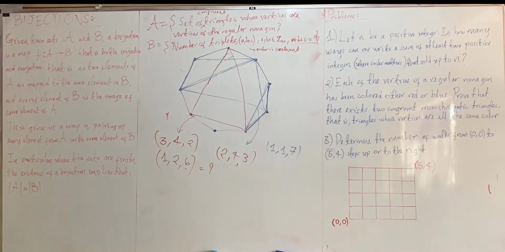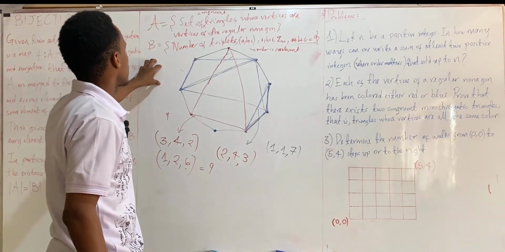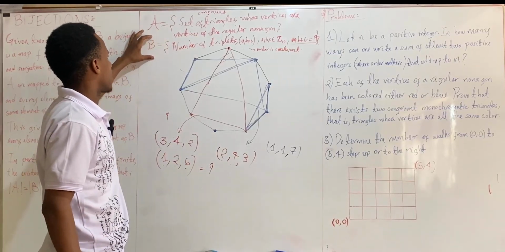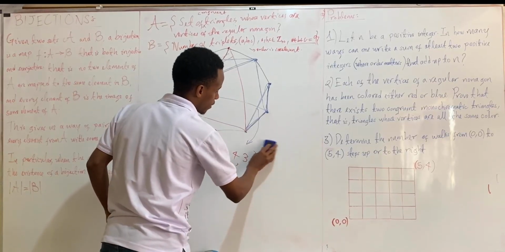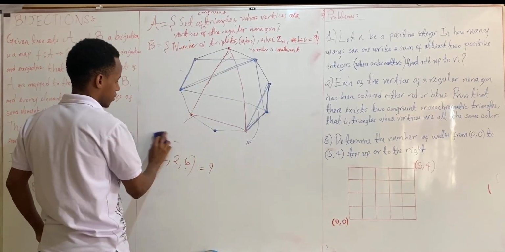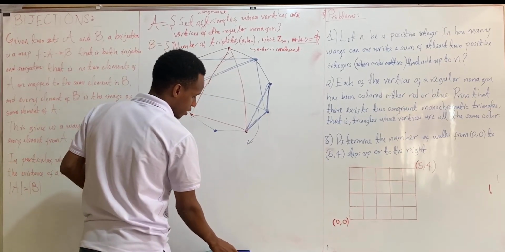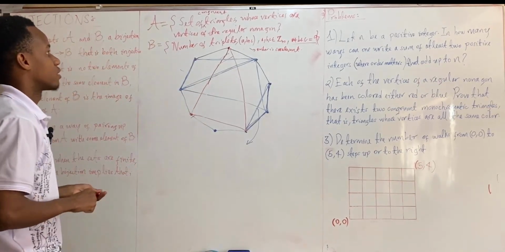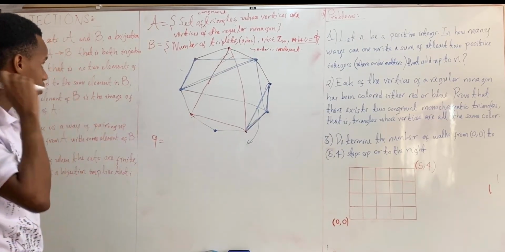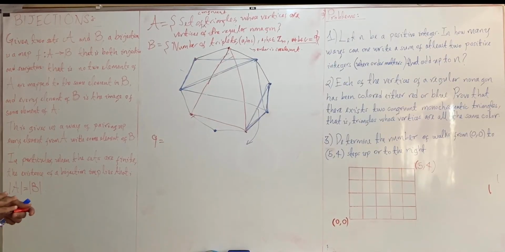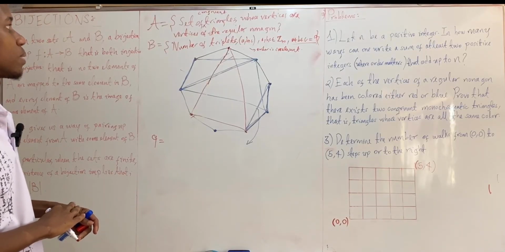Now, after we have described a function, it is easier to calculate B as compared to calculating A. So at this point, you can calculate the size of B. The size of B is simply the number of partitions of 9 as a sum of 3 positive integers where the order does not matter.